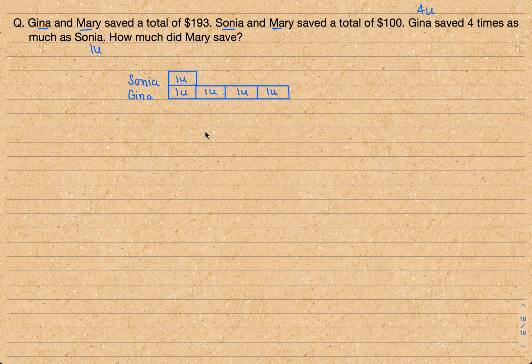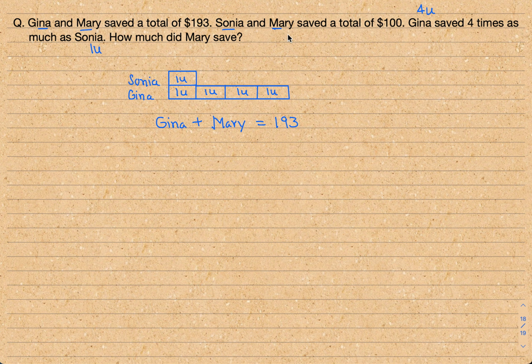Now what else? We also know that Gina and Mary's total is $193. So let's write Gina plus Mary's money. So the total amount of money which Mary and Gina have altogether is $193.